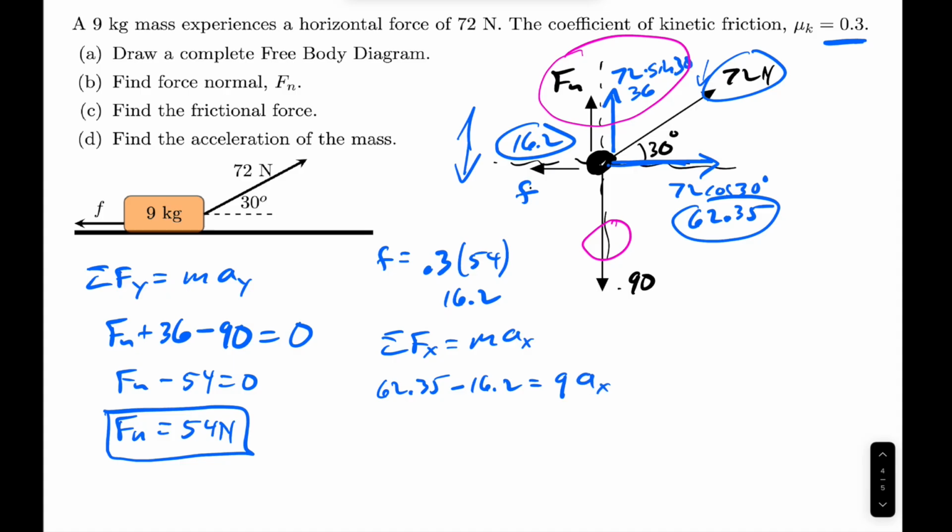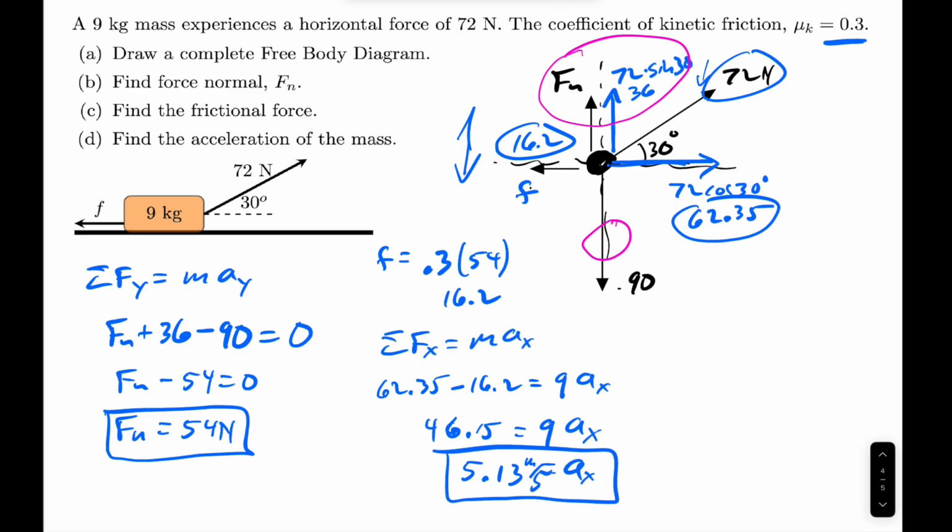So 62.35 minus 16.2 is equal to 46.15. And that's equal to 9 A sub x, which means A sub x is going to be equal to 46.15 divided by 9 when I divide both sides by 9, and I get 5.13 roughly. And the unit on that would be meters per second squared. Okay? Done.